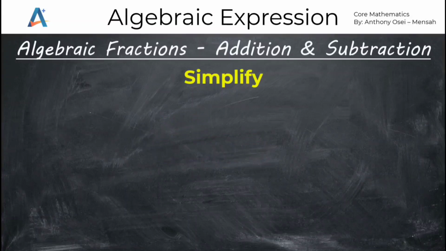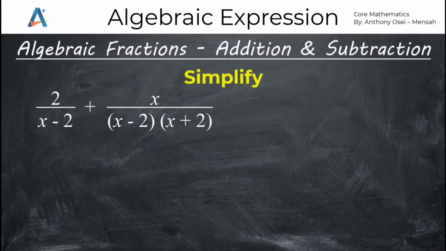So let's go ahead. 2 over x minus 2 plus x over x minus 2, x plus 2. After that, you check and all the variables' powers are up to 1. There is no exponent 2, so we can proceed. Now let's continue by getting the LCM.